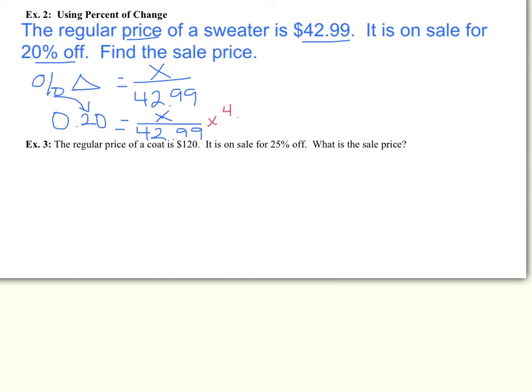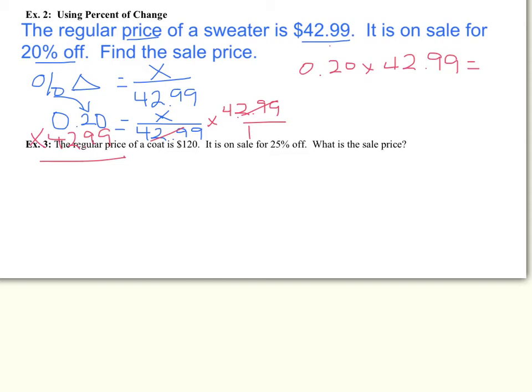So when I have an equation and it says to divide, we do the opposite and we multiply. So we cross simplify our $42.99 and we go to the other side and we multiply by $42.99. So what we're doing there is we're taking our 20% and we're multiplying it by the original price. So this is pretty much our percent equation, where you take the percent times the whole.